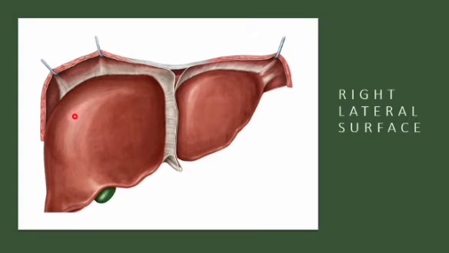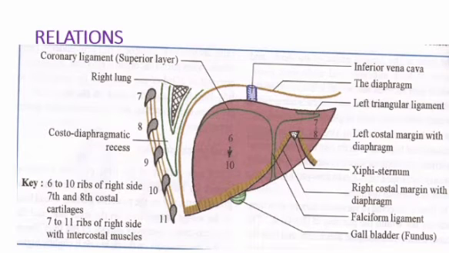Coming to the relations: the under surface of the right part of the diaphragm. This complete anterior surface and right lateral surface lie below the diaphragm, and the next image will help you to understand that. This is the right lateral surface. It is convex on all sides and lies below the right dome of the diaphragm.